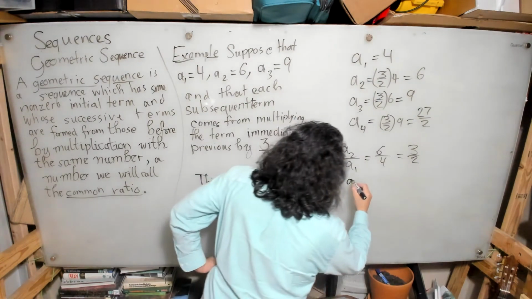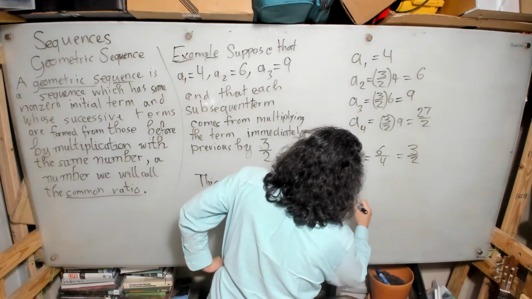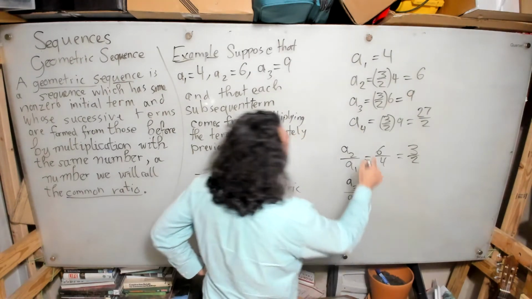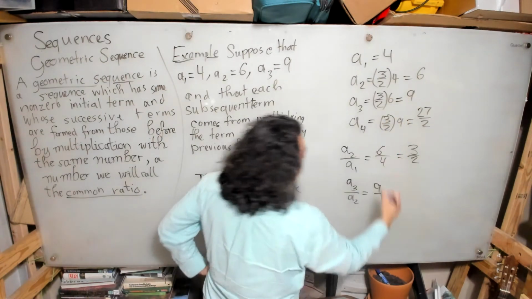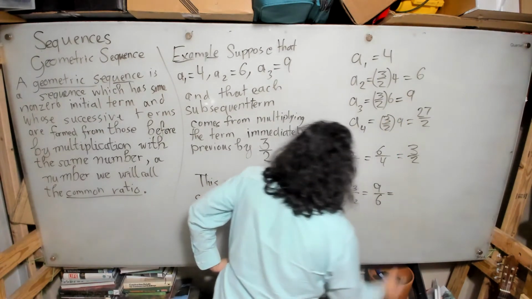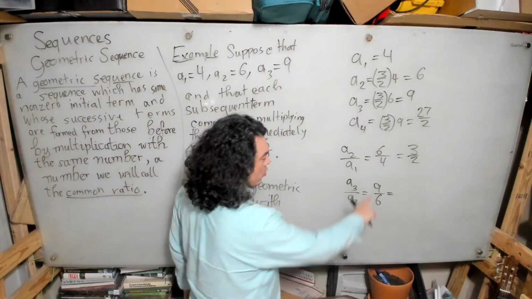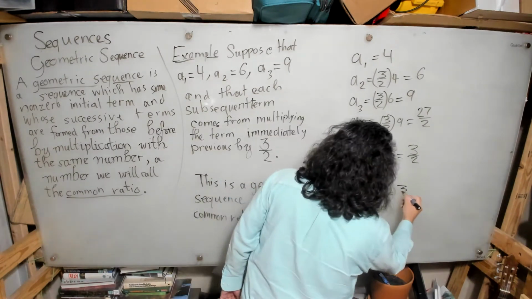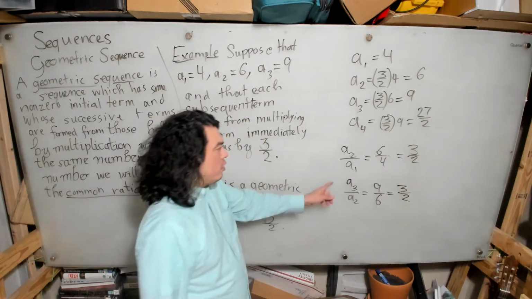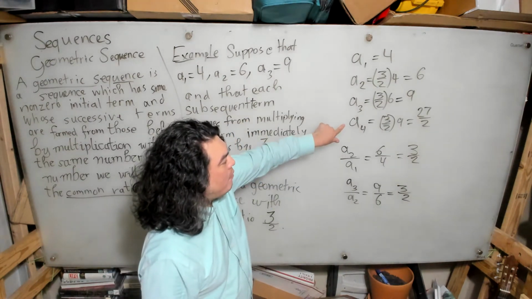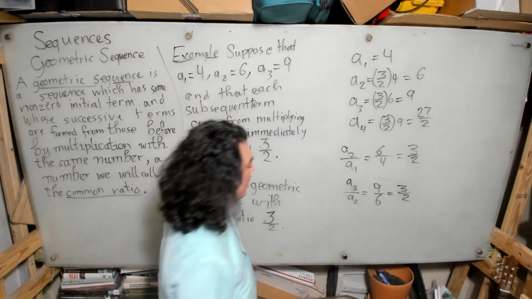What if we have A3 divided by A2? A3 is 9. A2 is 6. If I divide the top and the bottom by 3, what's 9 divided by 3? That's 3. What's 6 divided by 3? 2. Interesting. Look at that.